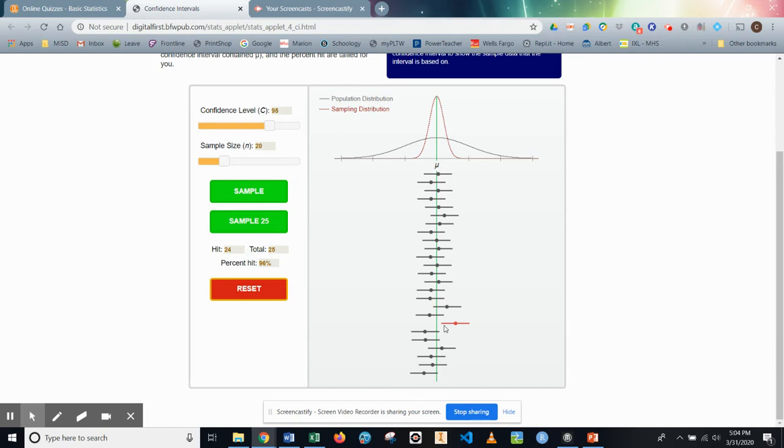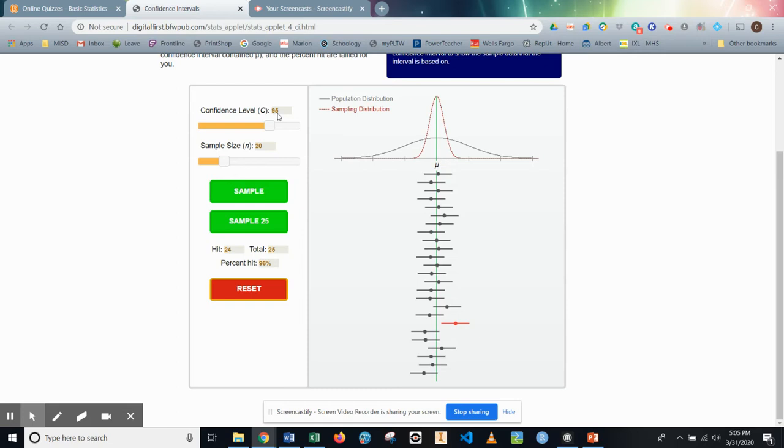You can see the red one down here did not capture it. Okay, so when you build a confidence interval, you will not know whether yours captured or not, because that's not the purpose behind it. Whether it captures or not is how we interpret this 95%.